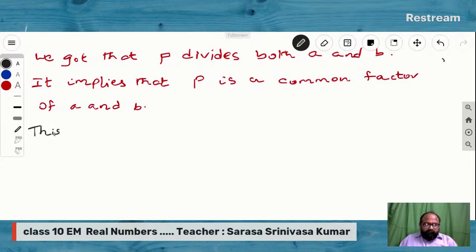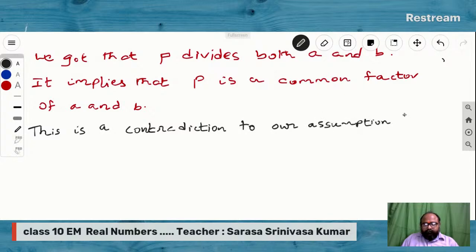This is a contradiction to our assumption that A and B are co-primes.